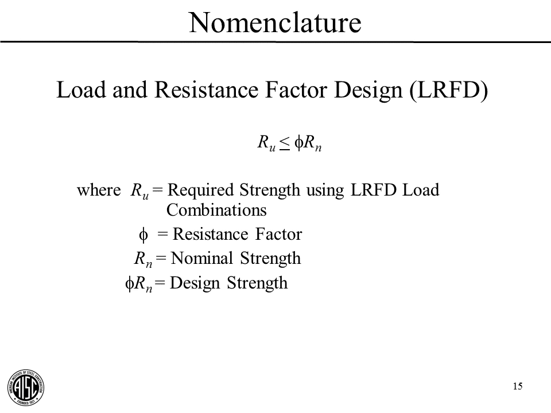R sub u in this case is the required strength that's derived using LRFD load combinations, and those are going to come from ASCE 7. Phi is the resistance factor. R sub n is the nominal strength for this limit state, and roughly speaking, that's the best prediction of the actual strength. Phi times R sub n is called the design strength. It's the available strength generically, or design strength particular to LRFD.